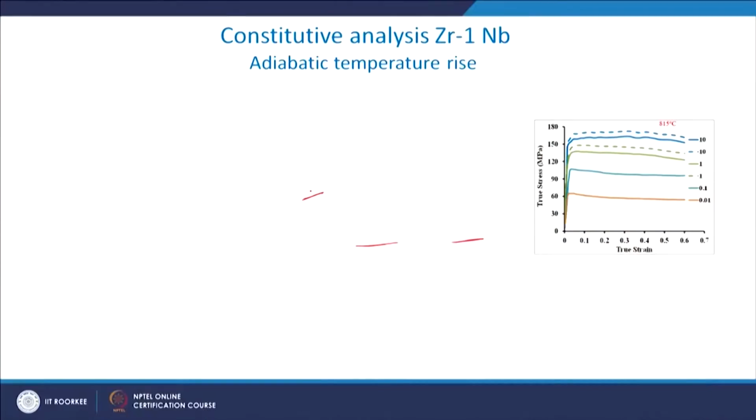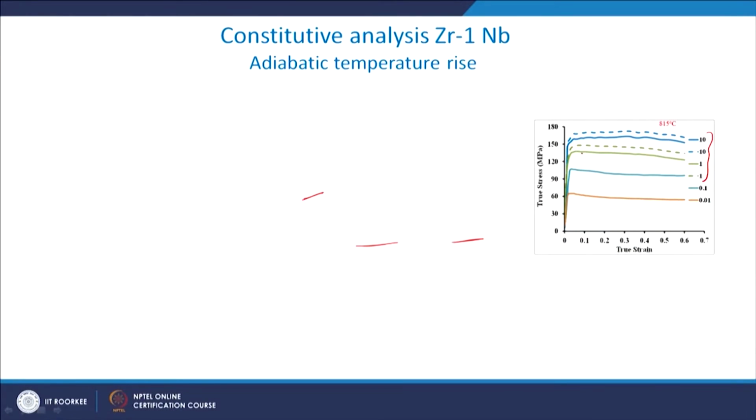And you can see that is what is done here, and especially, as I told you, at higher strain rates only this particular problem will occur, because strain rate is very high, you are not giving enough time for the heat to dissipate.